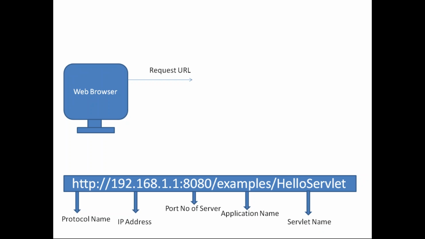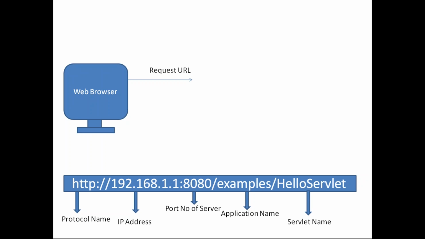We need to write this complete URL in the web browser, and when we press enter, the request will go to the machine with that particular IP address, and in the machine 8080 is a port number, and this port number is reserved for Tomcat server. So the request will automatically come to the Tomcat server. Inside the Tomcat server, it finds the example application name.